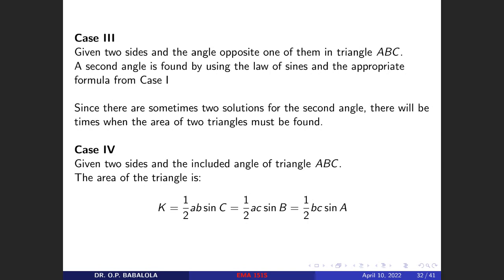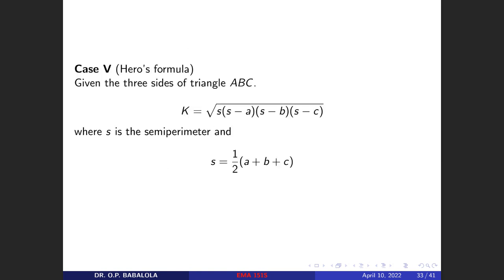In another case, which I call case 4, when you are given two sides and the included angle of triangle ABC, then you can use half AB sine C, or half AC sine B, or half BC sine A, as the case may be, to obtain the area of your triangle. Those are the four cases. Then the last case will be the Heron's formula.